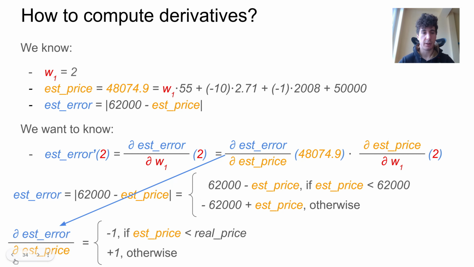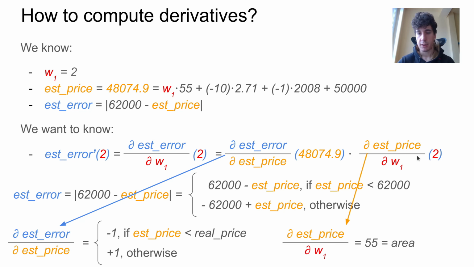If we want the derivative with respect to the estimated price, we see here that the derivative of the estimation error is -1 if the estimated price is smaller than the real price, and it's +1 otherwise. So in this case, it's +1 if we compute the derivative. This modulus is quite weird to derive, but that's how we do it right now.